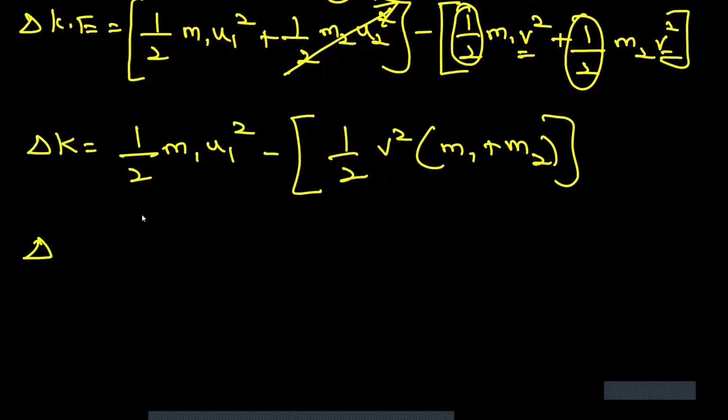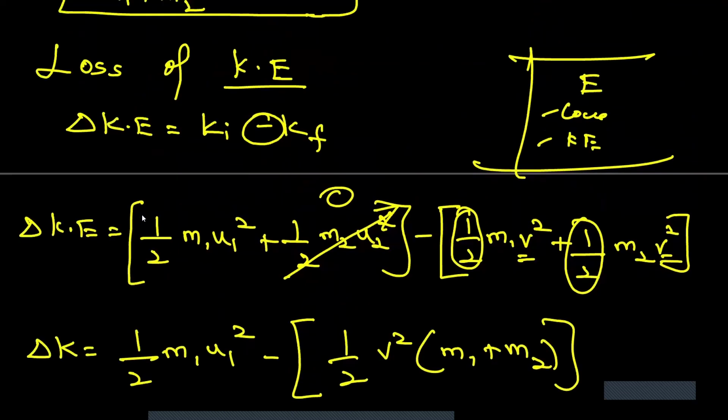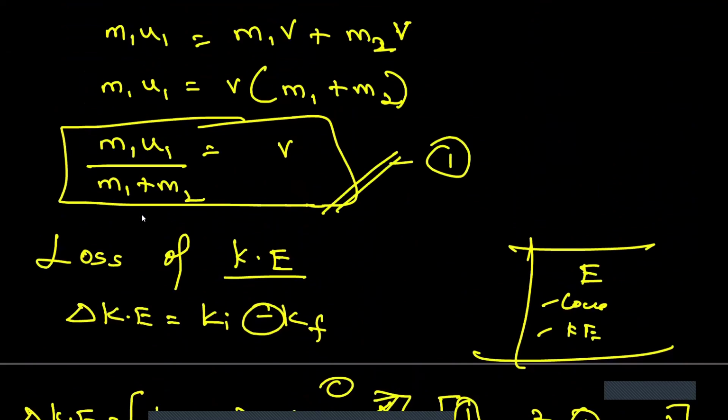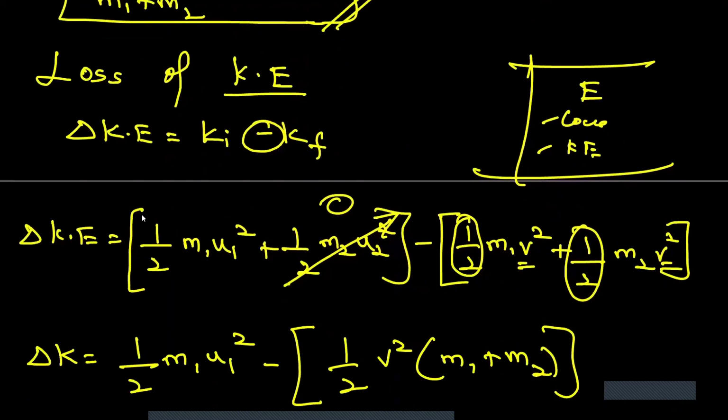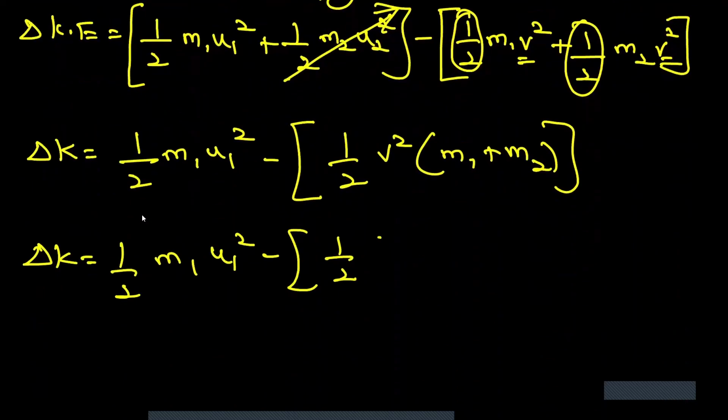Now, delta K is equal to half m1 u1 square minus, open brackets, half. Instead of writing v, careful now: we found the answer for v in equation 1. I copy paste that. What's the answer? m1 u1 by m1 plus m2, in brackets. Since it had a square on top, I'll put a square on top of it also.